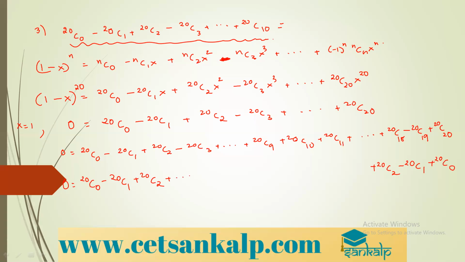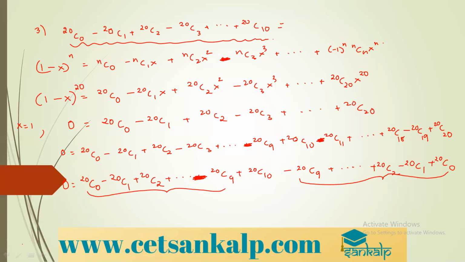And so on up to 20C9 I will write same. 20C10 I will write same. 20C9 will be having minus sign. 20C10 I will write same. 20C11, which will have minus sign, I can write as 20C9, and so on I have changed. So you can see all these are repeating.